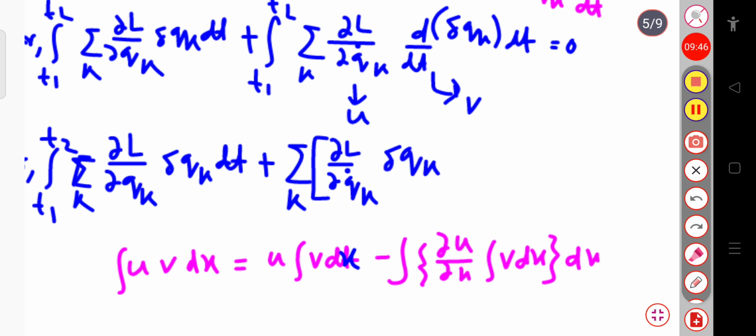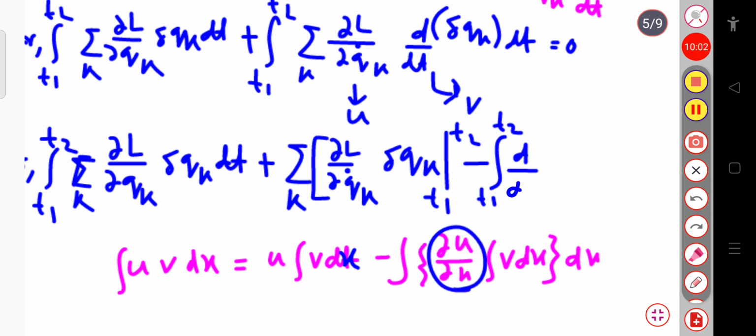Now you have to put the limit t1 to t2, minus the second term. For this you have to write the integration from t1 to t2 of d by dt of u, in place of dou by dou x, that is d by dt of del L by del qk dot, into integration of v dx.